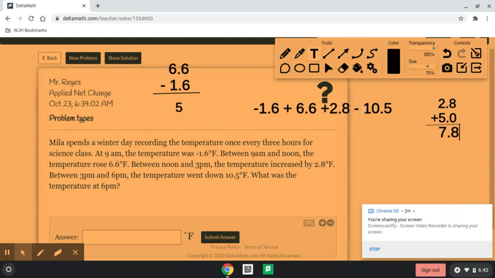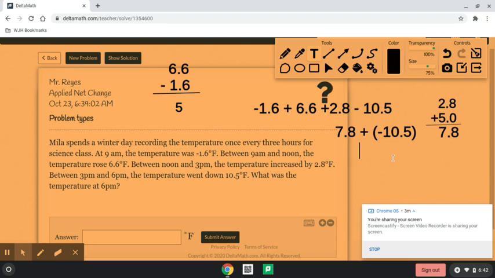Now you have negative 10.5 plus 7.8. So we could call that 7.8 plus negative 10.5. And knowing that, we're going to have to subtract. We're going to have a negative answer, and we're going to have to subtract 7.8 from 10.5.